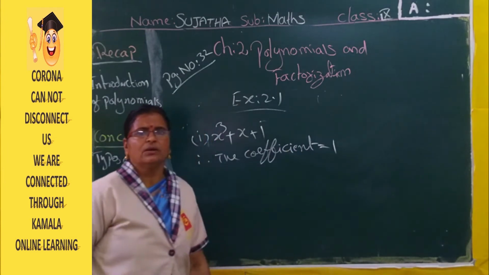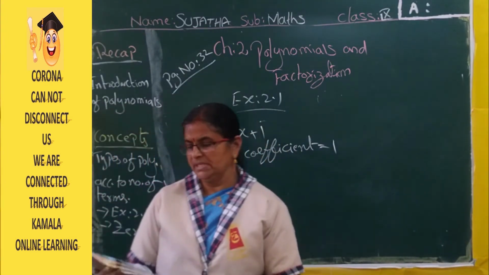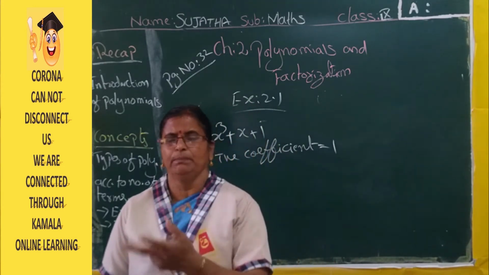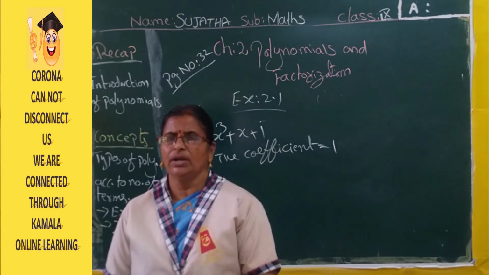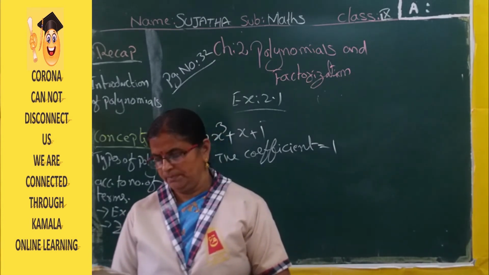So what is the coefficient now? 1. Similarly you can do all the bits. Easy, only the coefficient of x cube, the number beside x cube, that you have to write. Okay. So all the bits you can do.